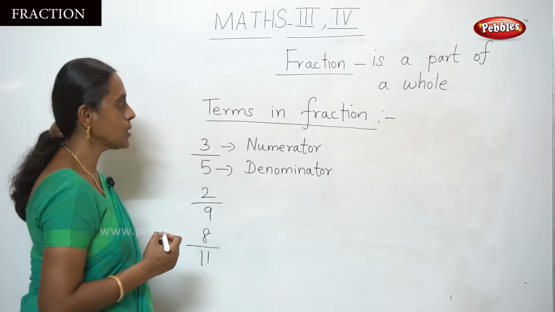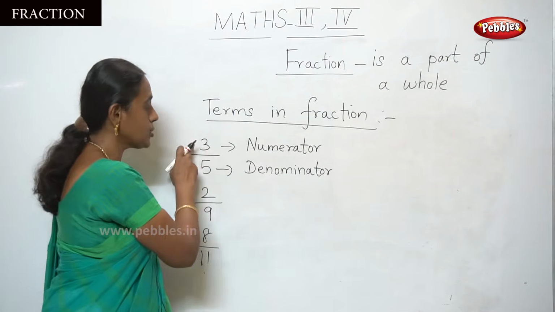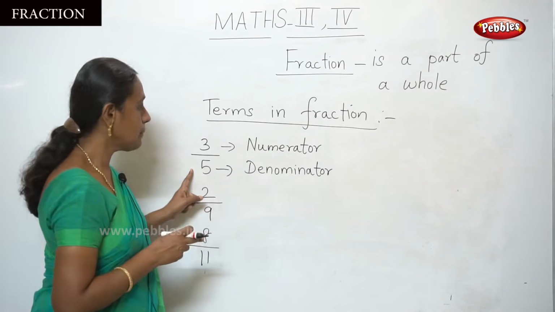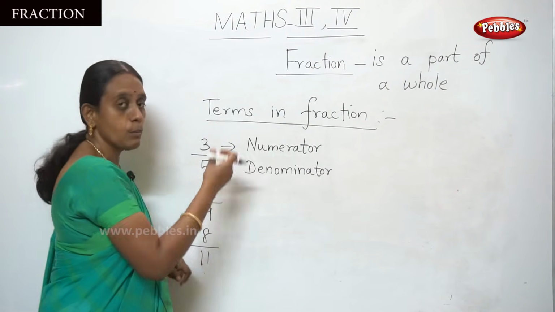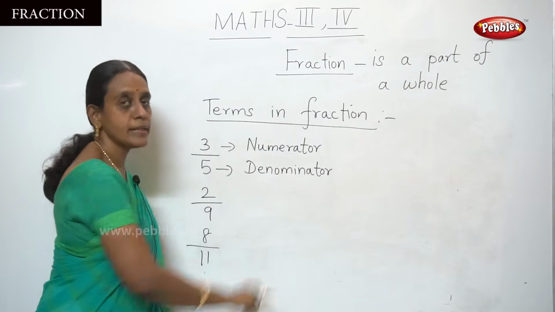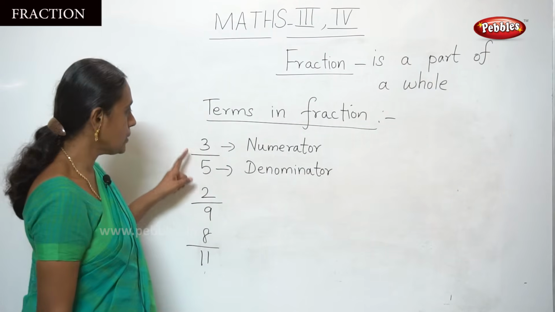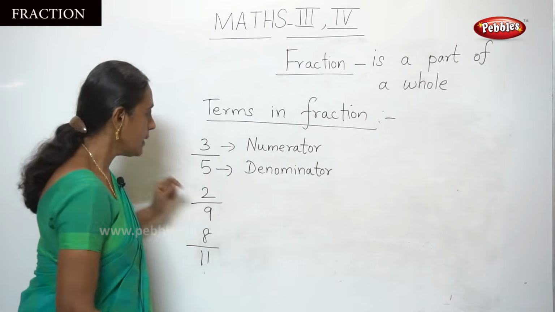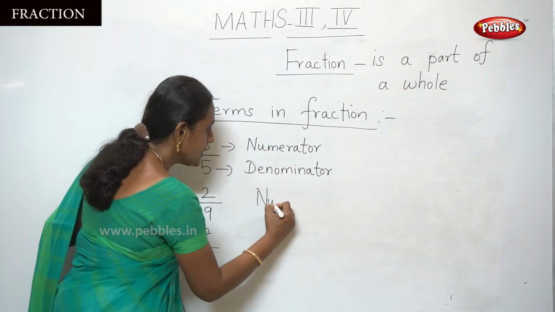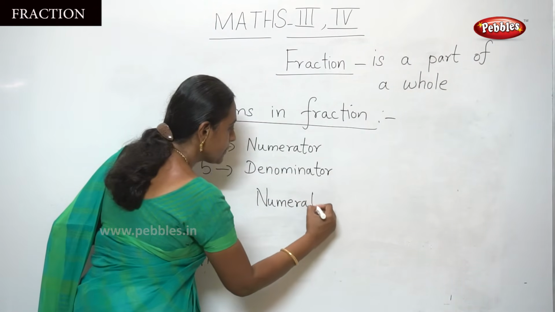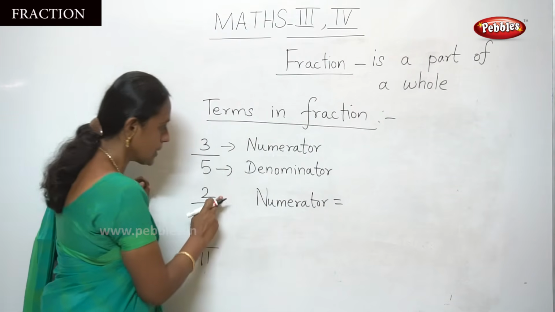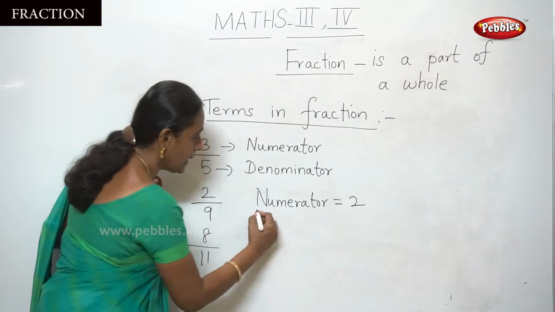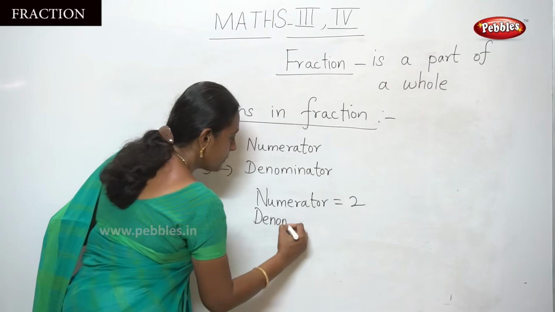Which are the terms used in fraction? The number written on the top is called the numerator, and the number written at the bottom of the fraction is called the denominator. Here the numerator is 3 and the denominator is 5. Here the numerator is 2 and the denominator is 9.